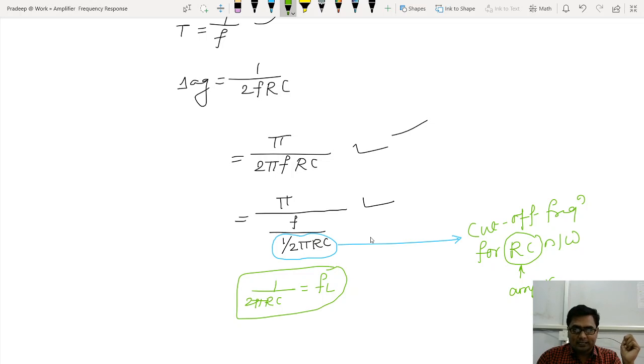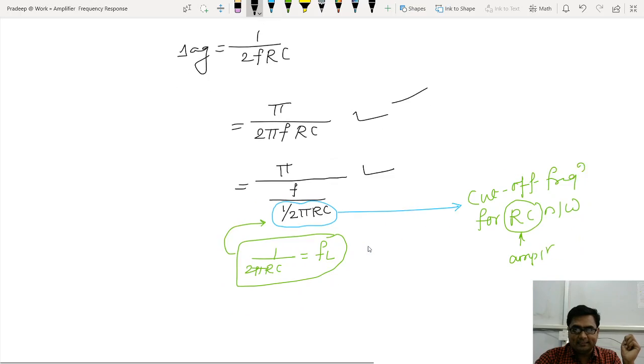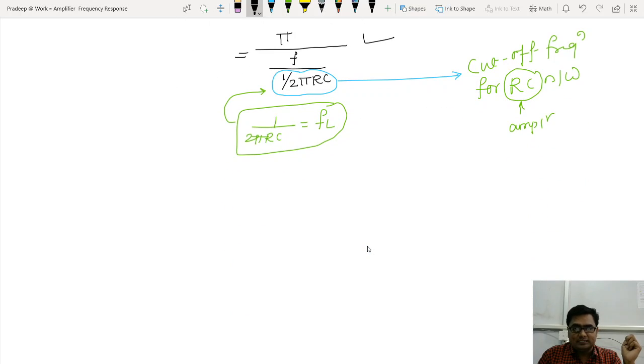Is it? So can I put this value here in our equation? Let me change the pen again, and then let me write what the sag is. Sag is equal to pi divided by f divided by 1 divided by 2 pi RC, which is nothing but the lower cutoff frequency. FL is the lower cutoff frequency. Now what is that f?